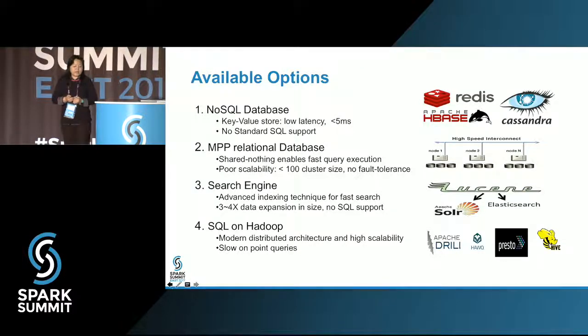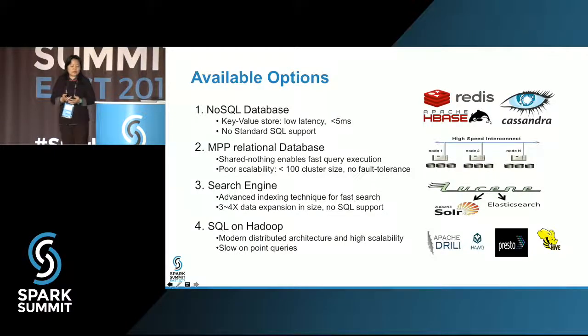The third category is search engines. With advanced text indexing techniques, they can offer fast search. But they generally could cost 3 to 4 times data expansion in size and have no SQL support.